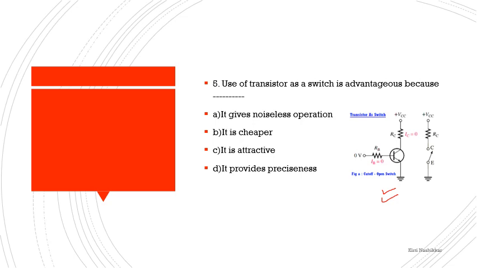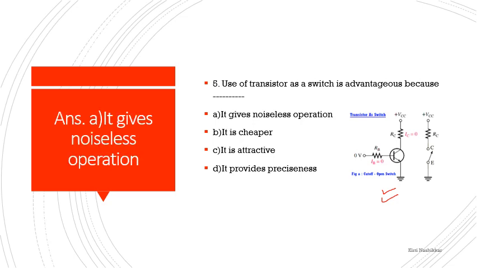In the on state, current can flow through the circuit, whereas in the off state, current cannot. Now the correct option for this question is, it gives noiseless operation. So a transistor as a switch gives noiseless operation. This is one of its advantages.